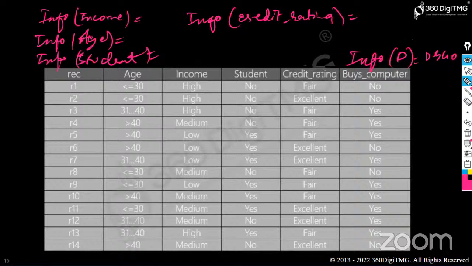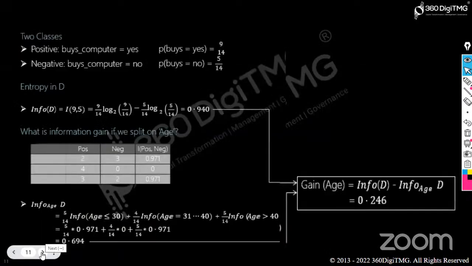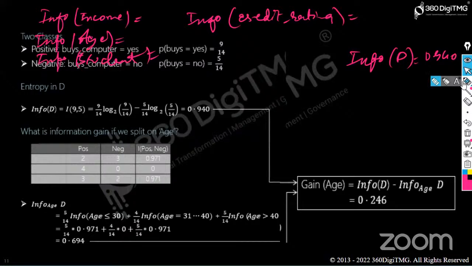So now what is the next step that we need to calculate? So we need to calculate the gain of particular column.